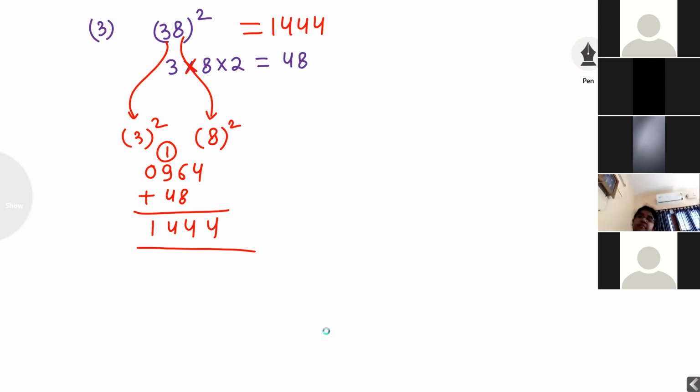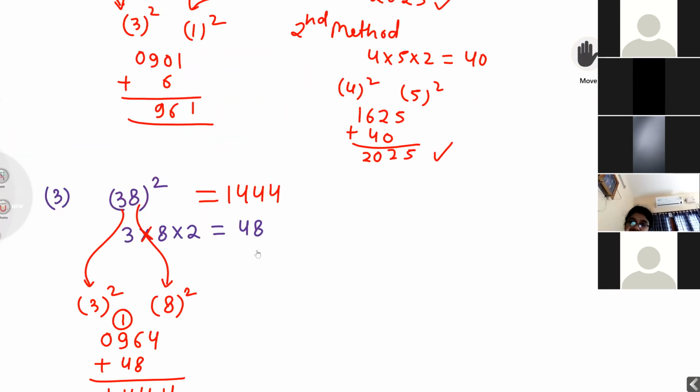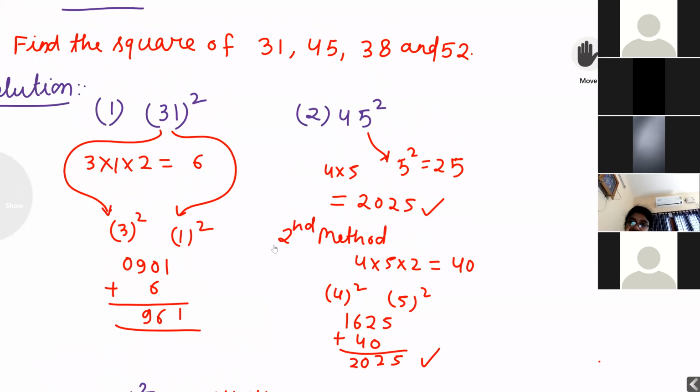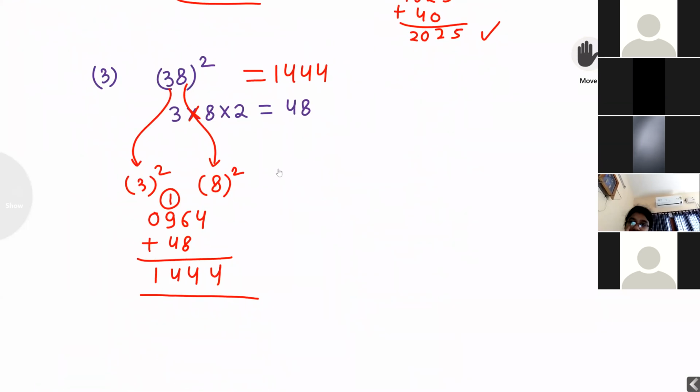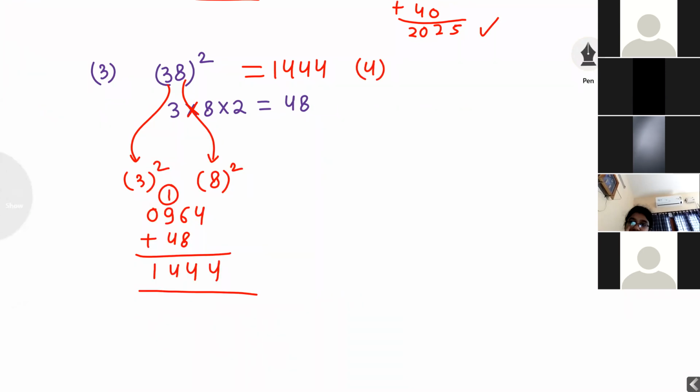Yes. Last question what I have given. What is the last question? 52. 52 square. 52 means again 5 into 2 into 2. 20 has come. Again square of tens place.